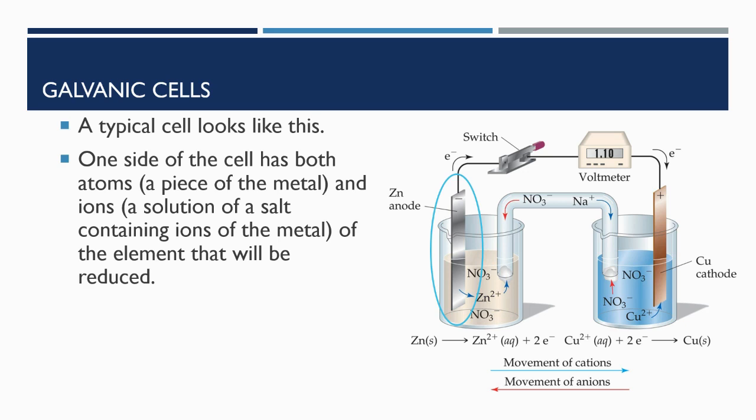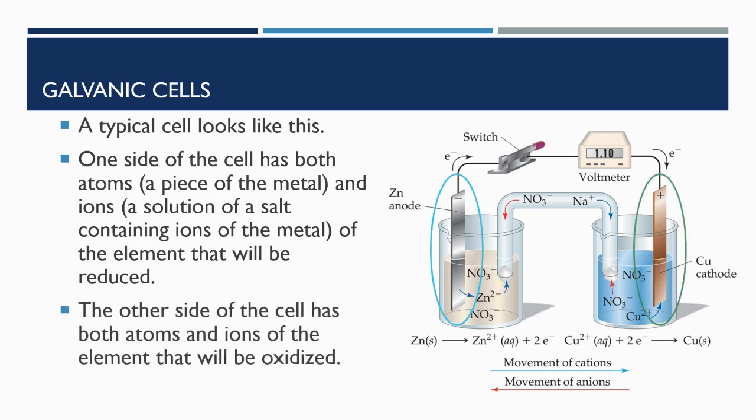On the other side of the reaction, in a separate beaker, we have both atoms and ions of the element that's going to be oxidized. In this case, copper. So we have a copper nitrate solution where copper ions are present on the right-hand side in the solution. And then we put into the solution a piece of copper metal.